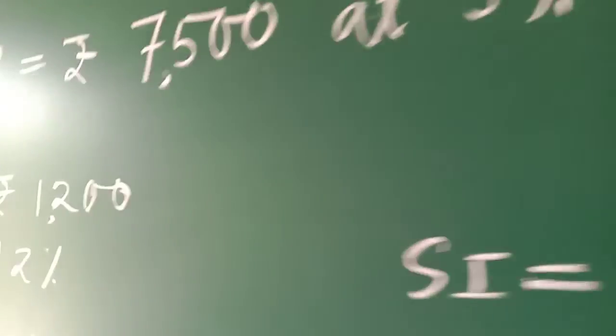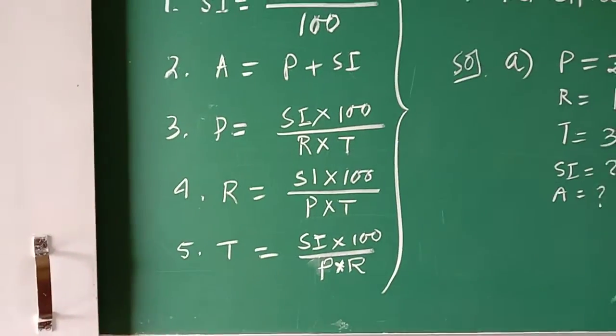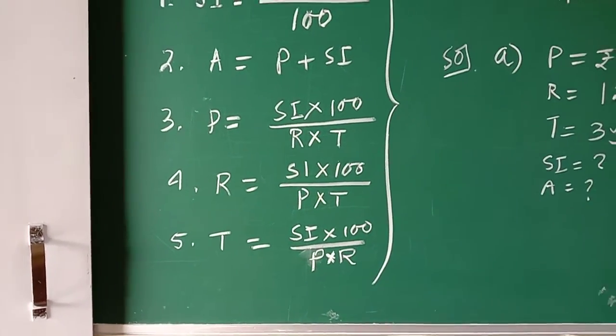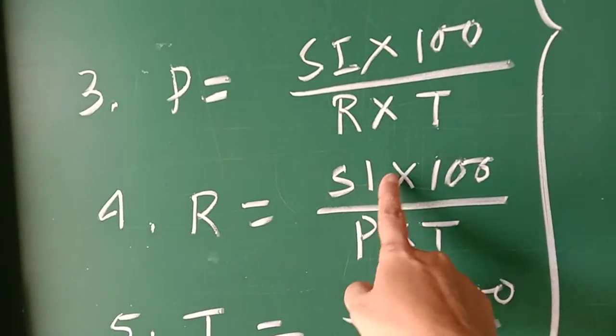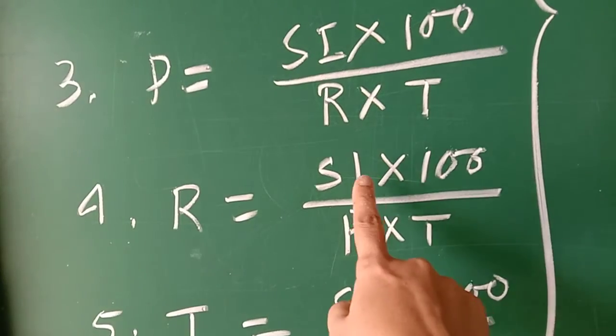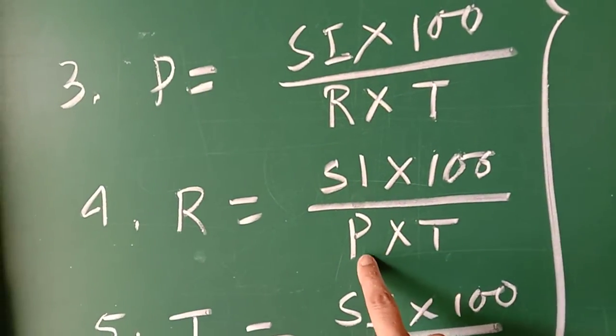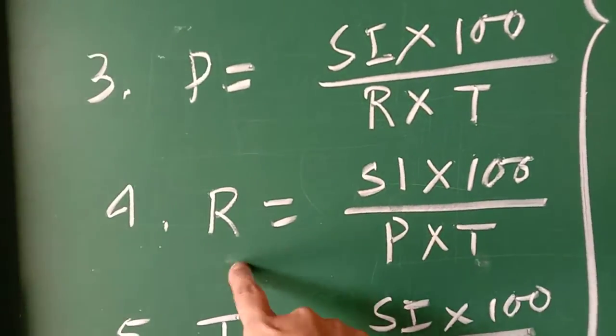To find the rate, what is the formula? Students, which formula you have to use now? Rate is equal to simple interest into 100 by P into T, because SI is given, principal is given, time is given. Only rate is missing here.